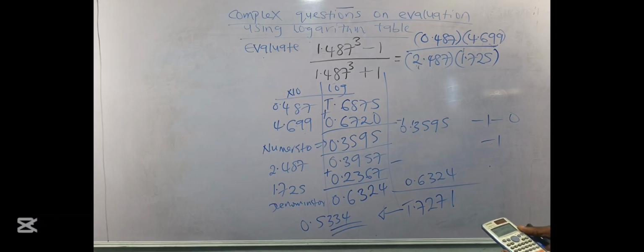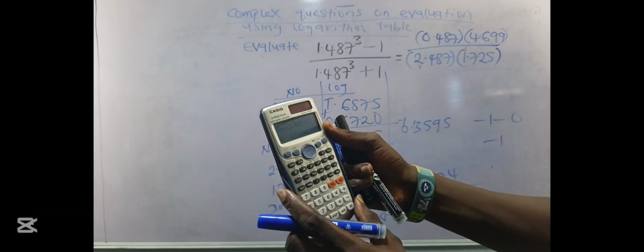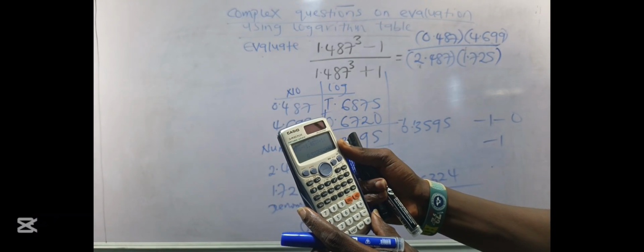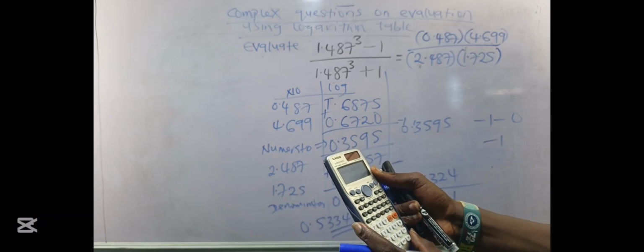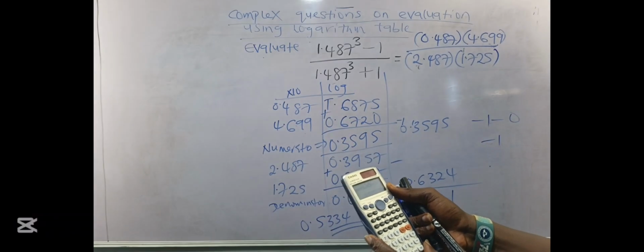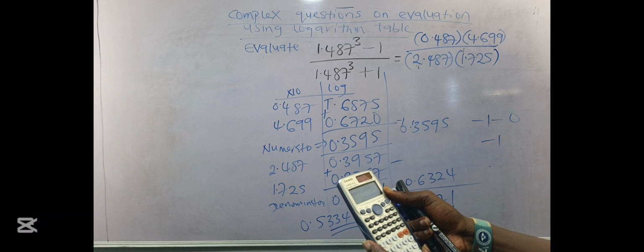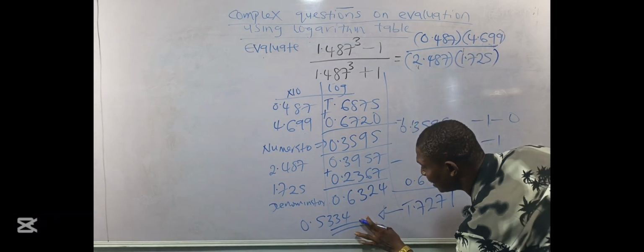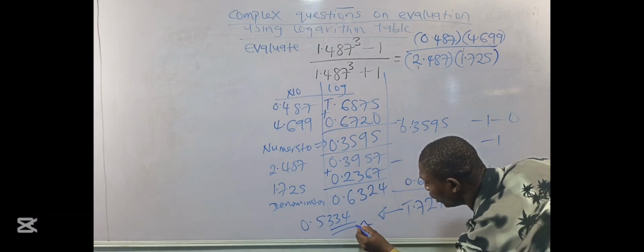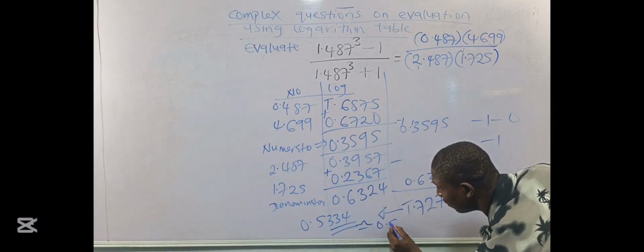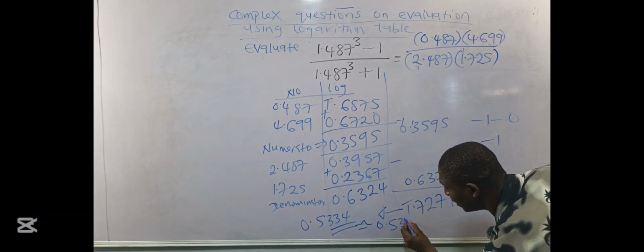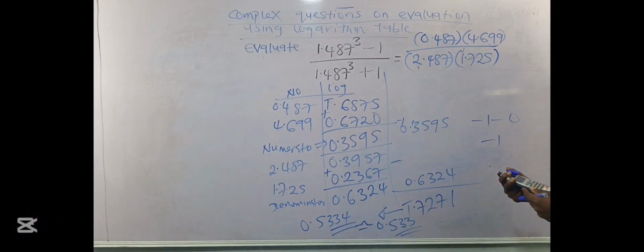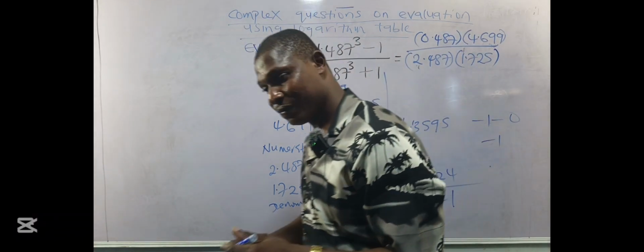So we have 0.5335, 0.5358 and so on. So to 4 decimal places will give us what we got there, 0.5336. So this approximately to what? 3 significant figures will give us 0.533. And this is our final answer. Thank you.